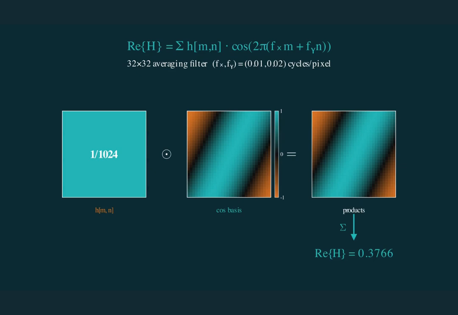We're basically projecting or comparing it to a slowly varying sinusoidal, or cosinusoidal, field and asking, are the filter coefficients similar, or would the image of the filter coefficients be similar to what we're seeing in the cosine basis?